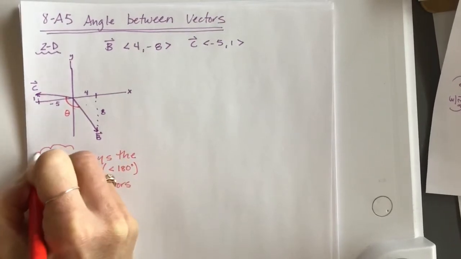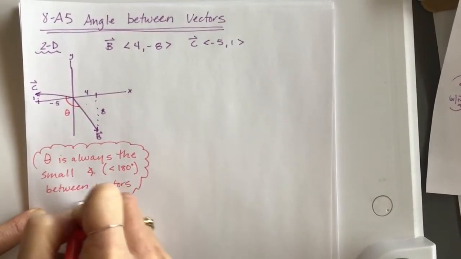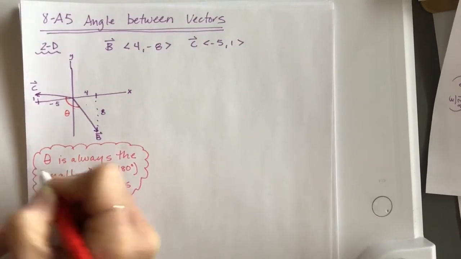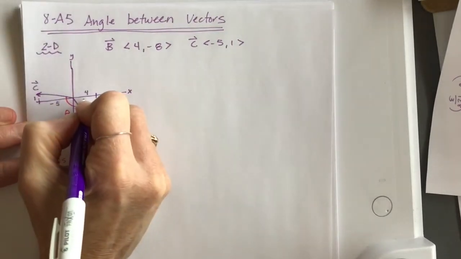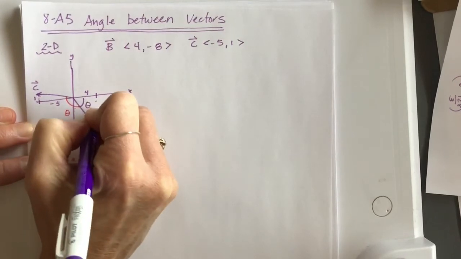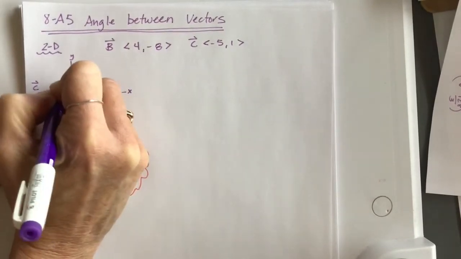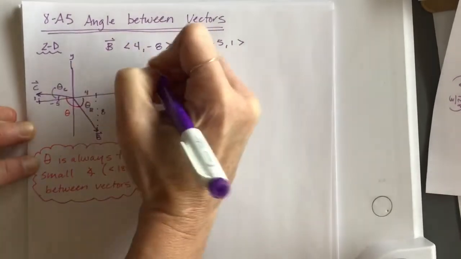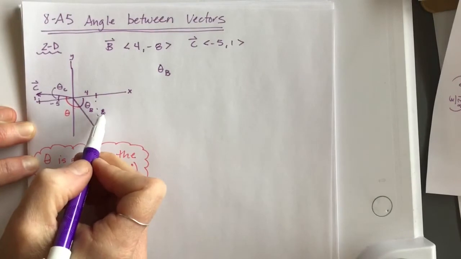Okay, so that's our thinking bubble. If we want to find this angle, all we have to do is find these angles and then figure it out. We can find this angle, theta B, and this angle, theta C. For theta B, what trig function are we going to use if we have opposite and adjacent?